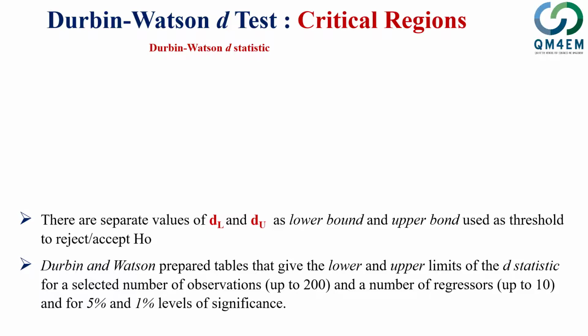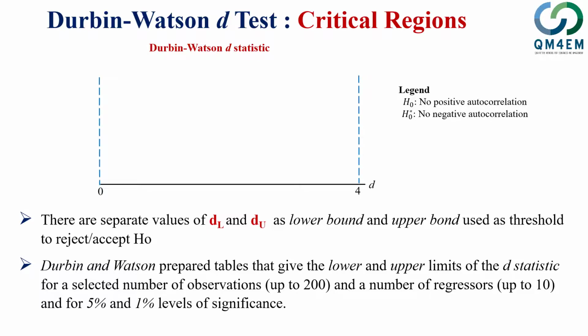Before showing you the table, I would love to show you the graphical representation of the critical region for the D statistic value, just to strengthen your understanding of the lower and upper threshold values for rejecting or accepting the null hypothesis, which says that we have no autocorrelation. To start with, think of the D statistic range between 0 and 4, and the value 2.